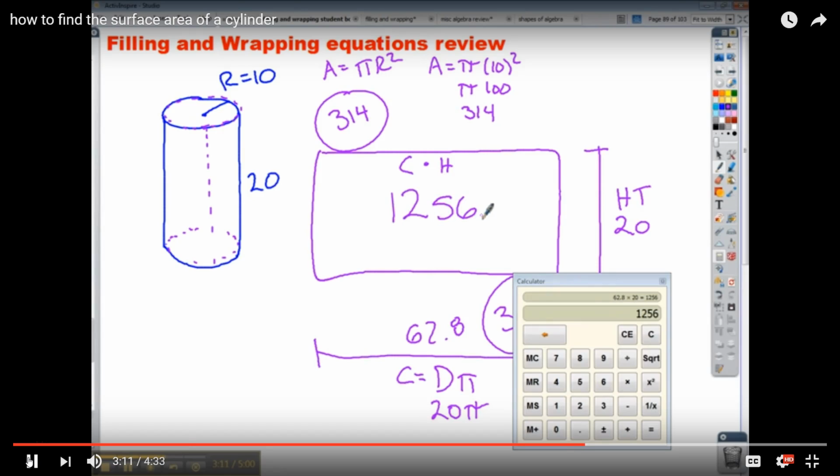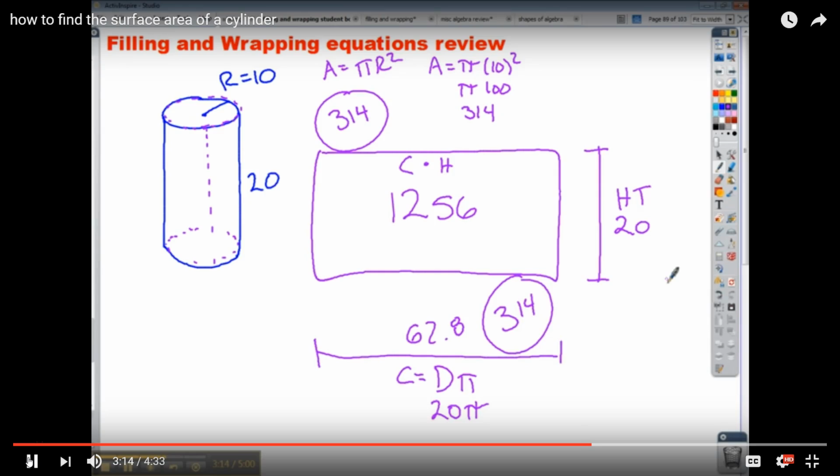1,256. Now, in my example, I didn't include a unit of measure, so the unit that I'm going to be using is just simply units. And this is units squared, as well as units squared here and units squared here. So my last piece to find the surface area of this shape is to add these three areas together.